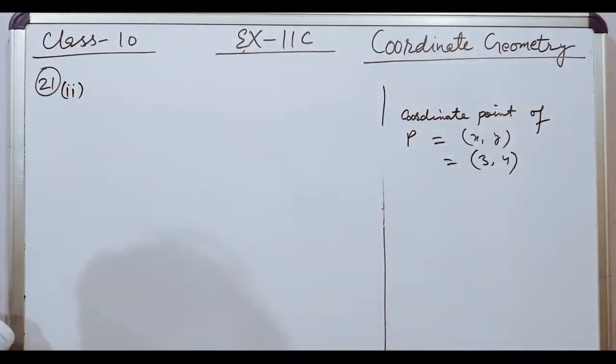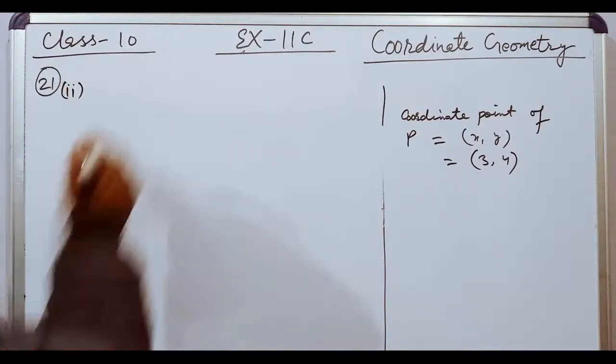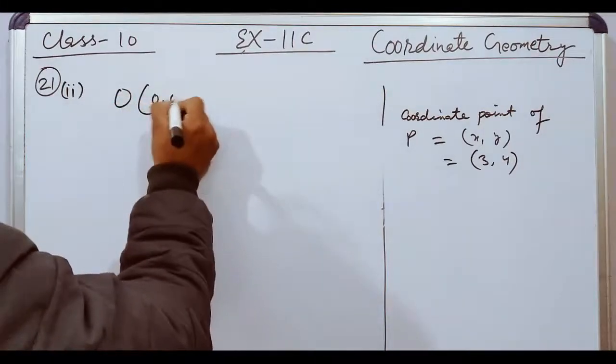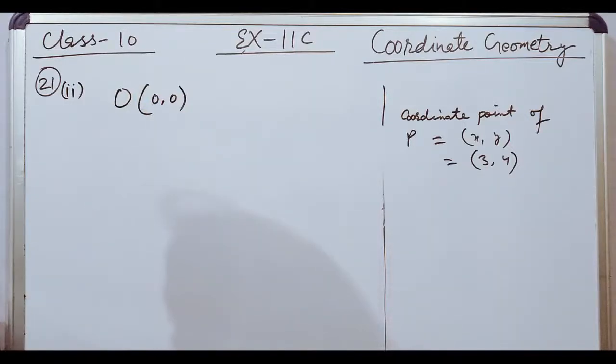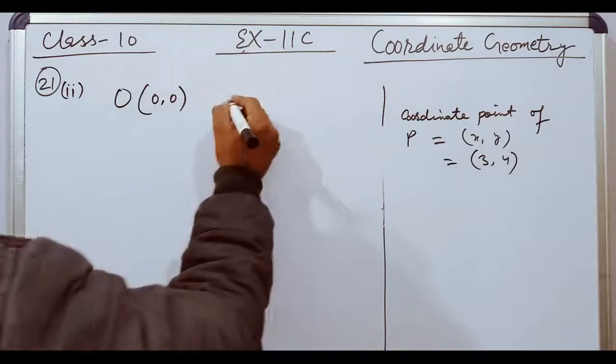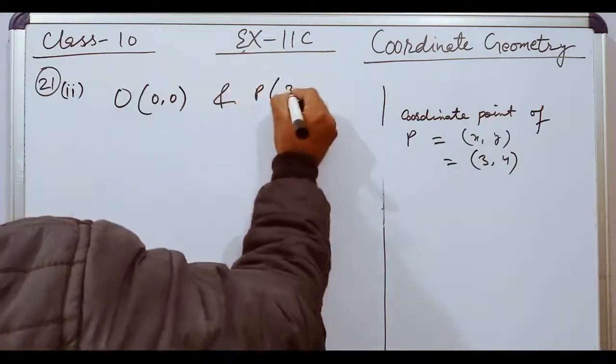Okay dear students. And the second part: calculate the distance OP where O is the origin (0, 0). P is (3, 4).